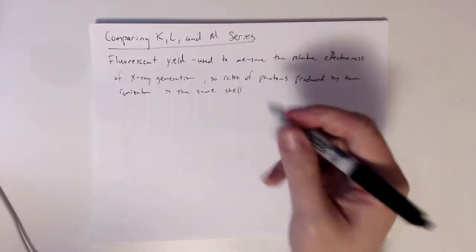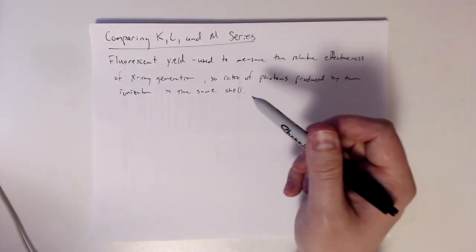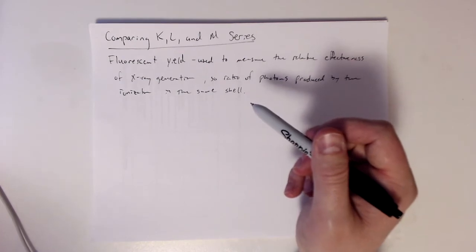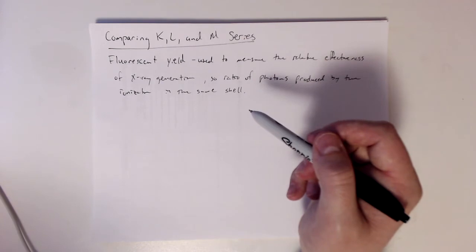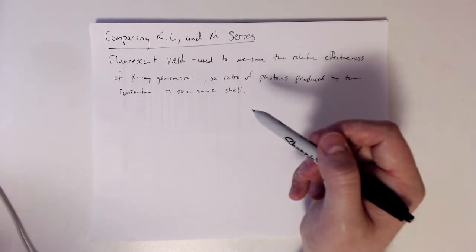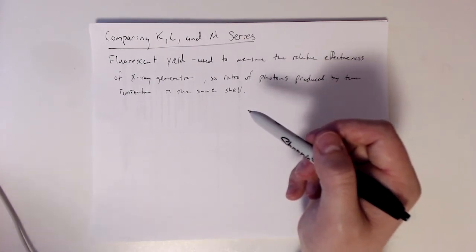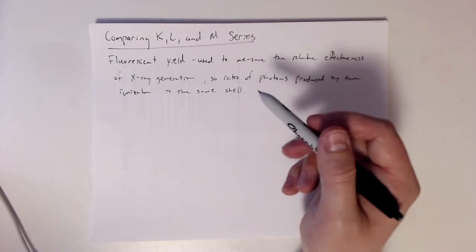The idea here is if you bombard a material and therefore produce characteristic X-rays, which ones will be more bountiful than others? And so that's what we're going to look at here.